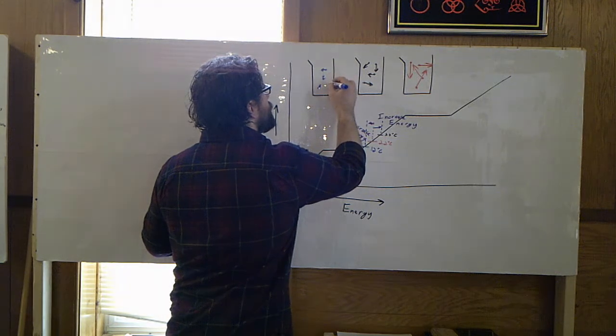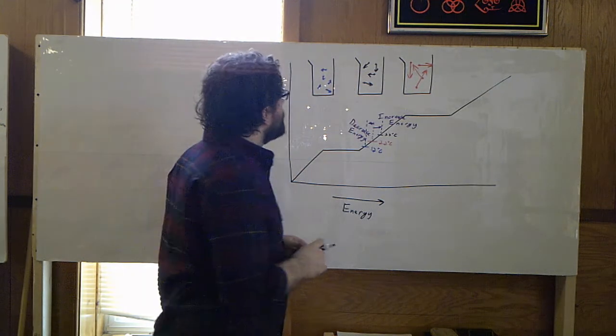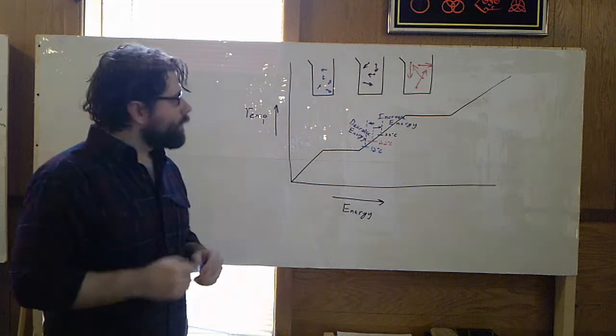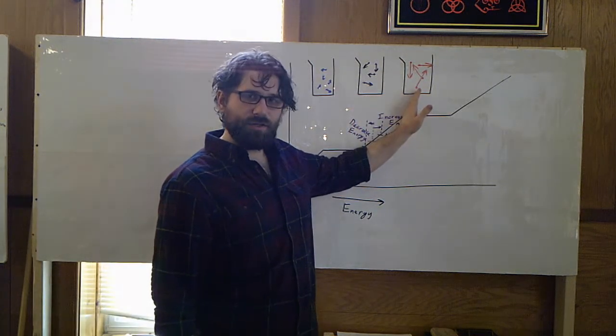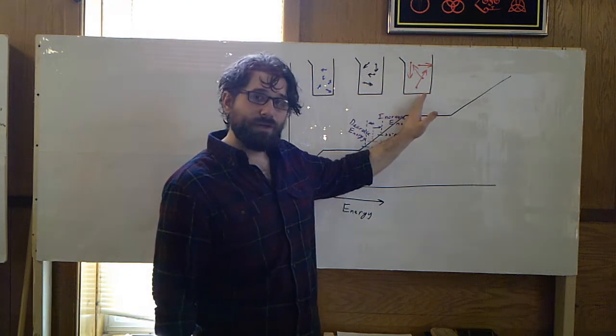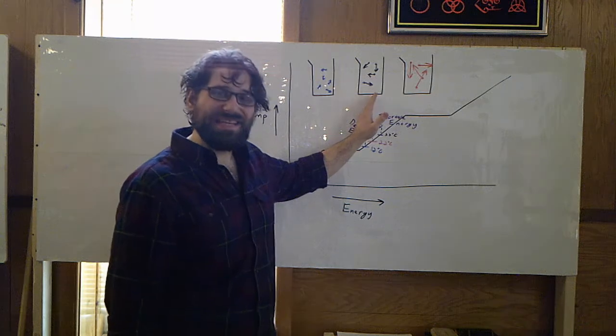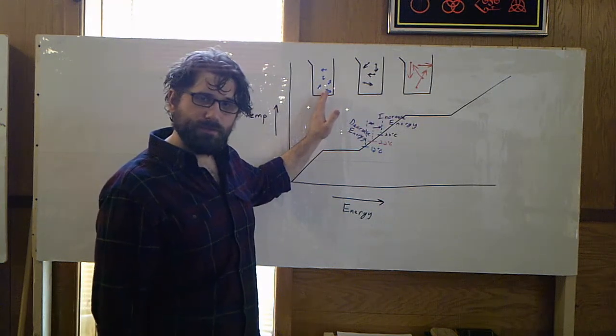Remember, we draw those arrows going in random directions. Good. So we would have seen an increase in kinetic energy going from the regular water to the potassium hydroxide water, and we would have seen a decrease in kinetic energy going to the ammonium nitrate.